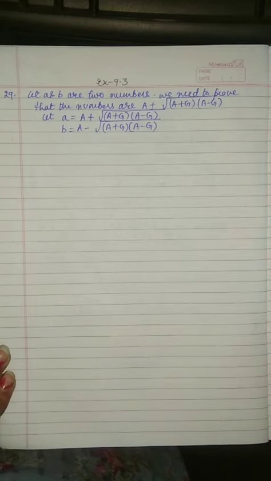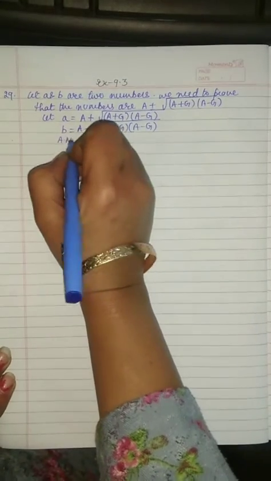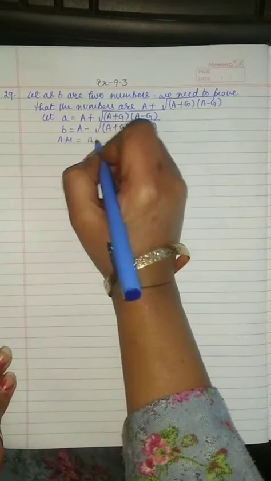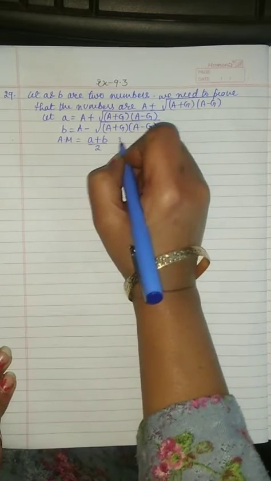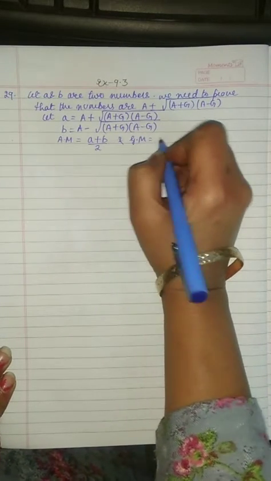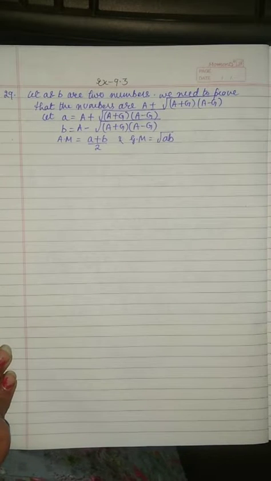Now we know that the arithmetic mean, that is AM, between two numbers a and b is (a plus b) by 2, and GM, the geometric mean, is under root ab.